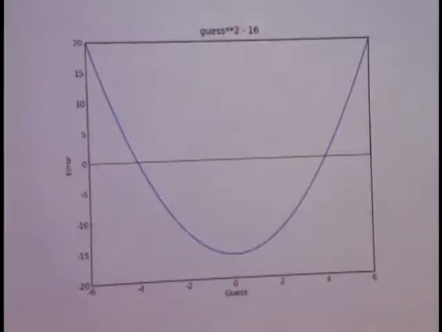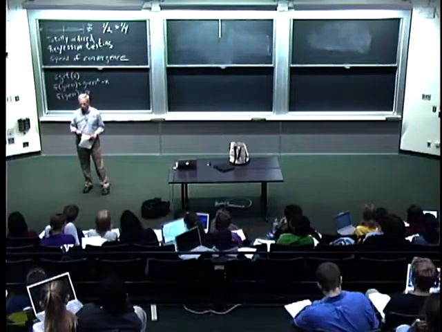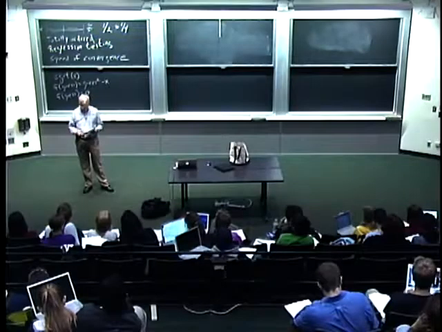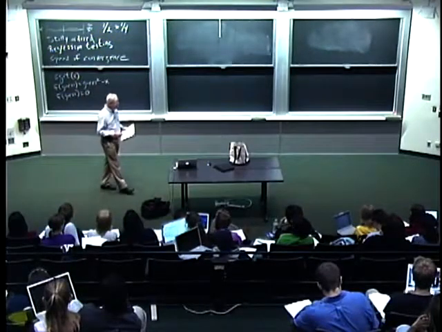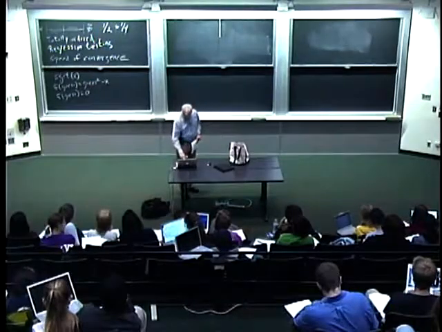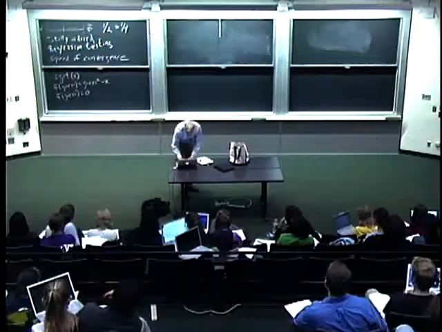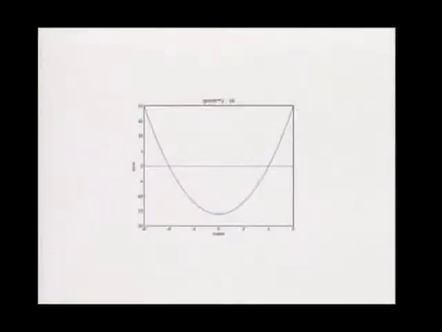Now, Isaac Newton and or Joseph Raphson figured out how to do this kind of thing for all differentiable functions. Don't worry about what that means. The basic idea is you take a guess and you find the tangent at that guess. So let's say I guessed 3.